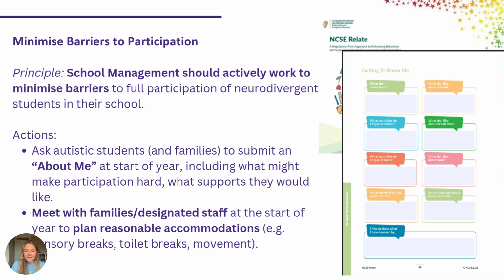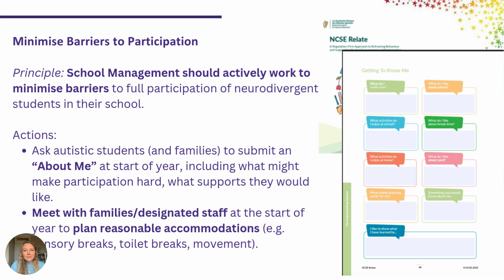So, how can we do this? So, going back to that DCU study, another principle was school management should actively work to minimize barriers to full participation of neurodivergent students in their school. So, how do we do this? So, I would ask all students to submit an About Me at the start of the year, including what might make participation hard, what supports they would like, and their strengths.